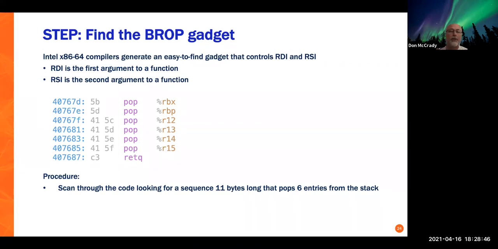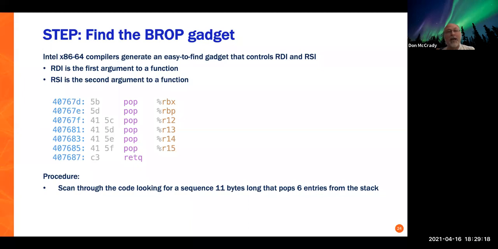Now, before I tell you about where RDI and RSI are, how do we identify and find this gadget? I don't think I have a slide, a picture of that, but if I ROP to this address, 40767D in my example, and I place 6 landmines on the stack, well, this gadget will pop off all the landmines and I won't crash.